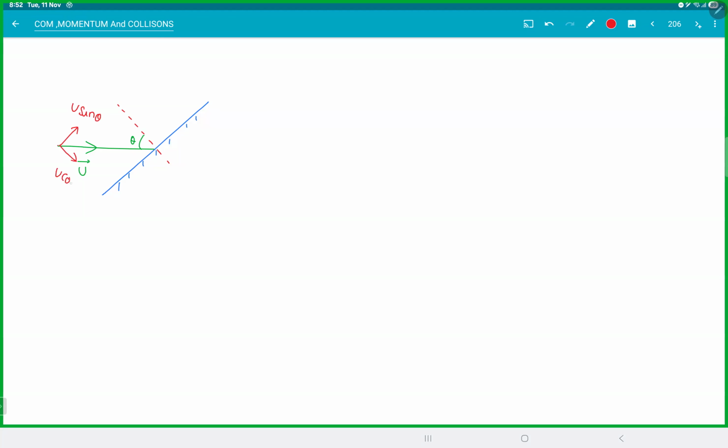This we have done in oblique collisions. So only the component along the normal will get reversed, meaning it will become e times. So after the collision, this velocity will remain u sine theta, in v bar. This component will become v, whatever this angle phi is, v cos phi.